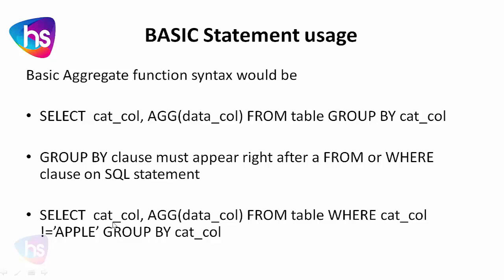Similarly, SELECT column, aggregate function FROM table name WHERE column not equal to apple means we are ignoring that particular category; we are not using the apple category. The not equal to operator ignores it. You can ignore some categories by specifying the name of the category or any condition, such as less than or equal to, greater than, or logical operators like AND, based on your requirement.